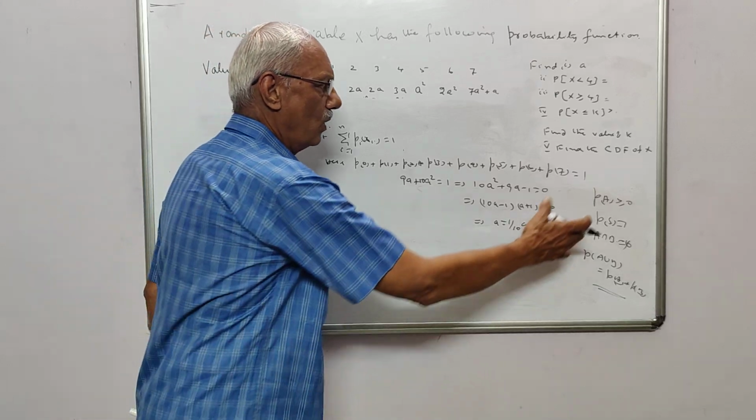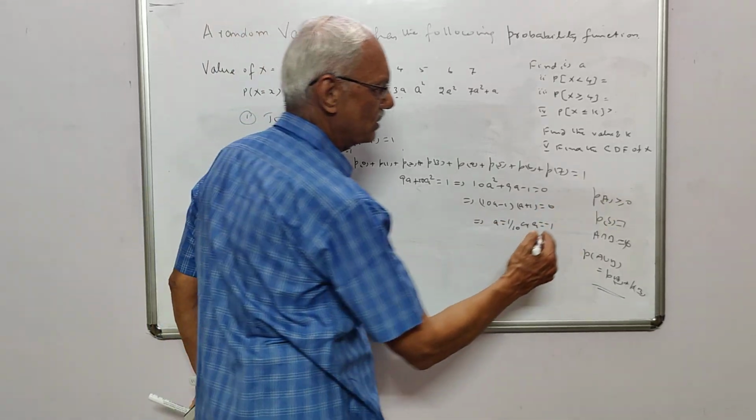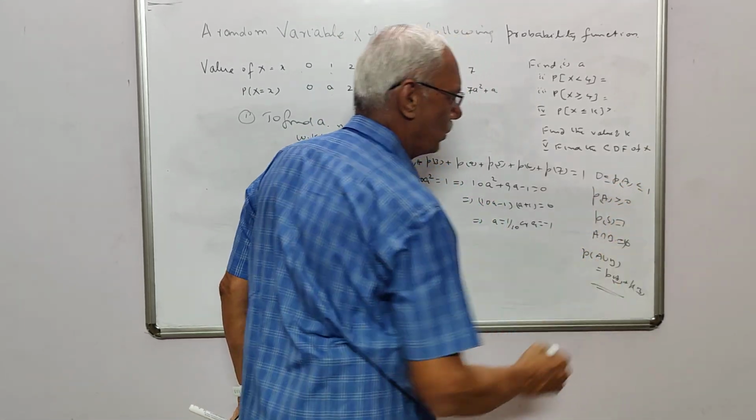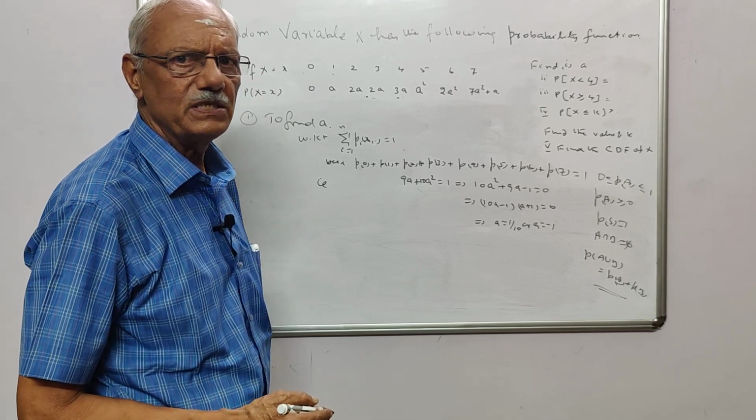So it always has to be greater than or equal to 0, and you must also know that 0 is less than or equal to a less than or equal to 1. That means it can be at the maximum 1, but at the least it must be 0.